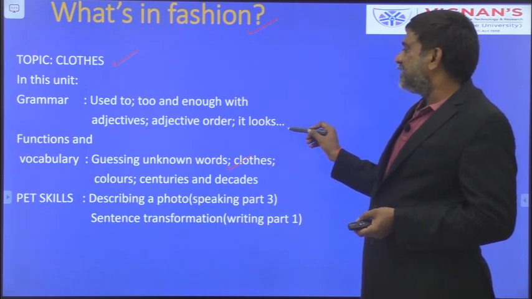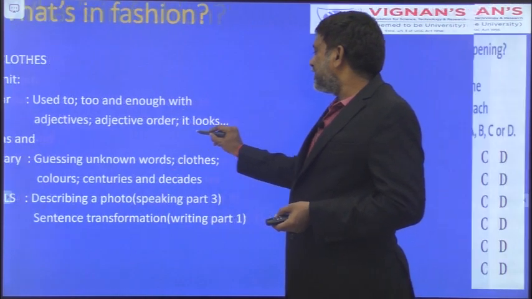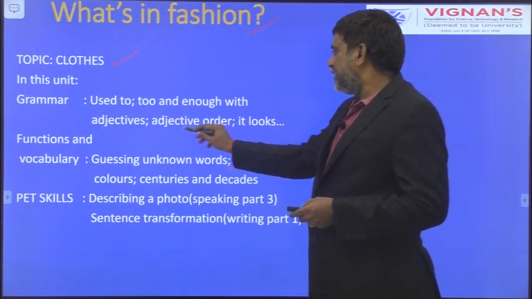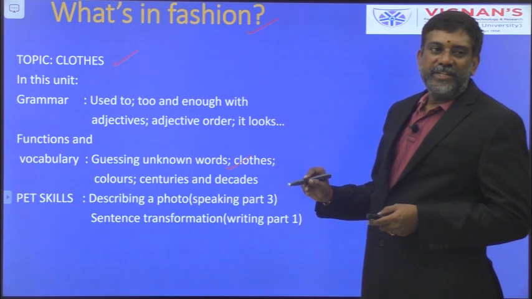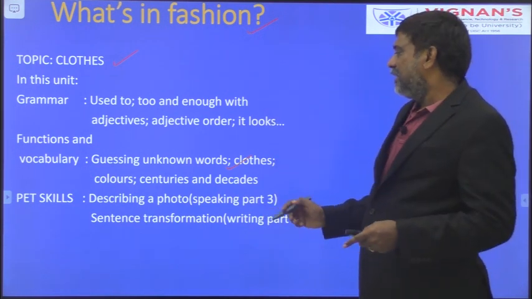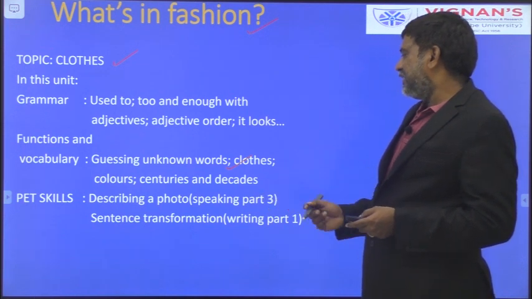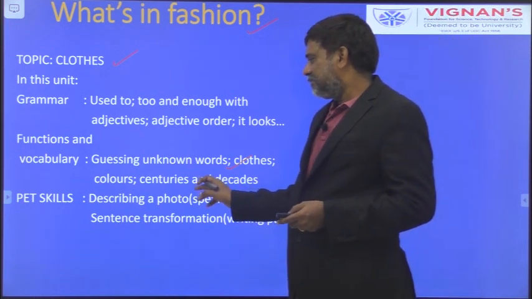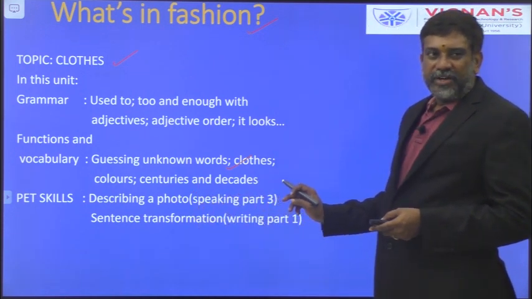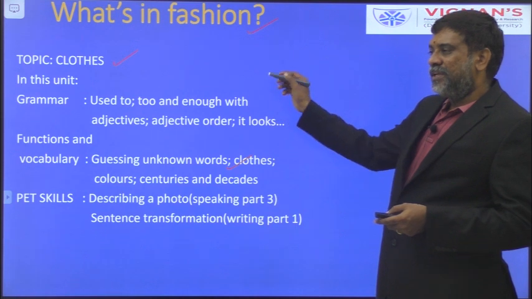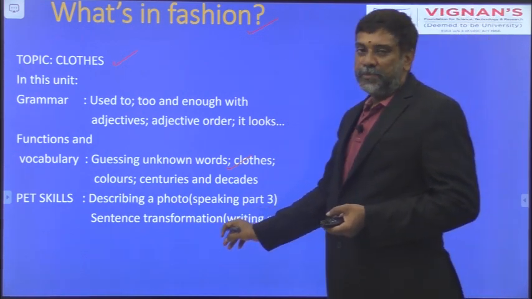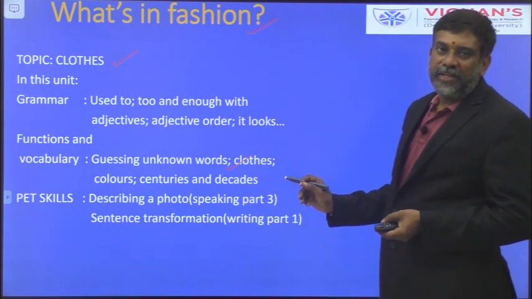We did an exercise on that. And after that, what is the adjective order and what is its function? At the last we could see that in the table. And after that, what did we see? We described photographs of those people. Suppose a woman who is wearing this one and that, and sentence transformation. What sentence transformation did we do?